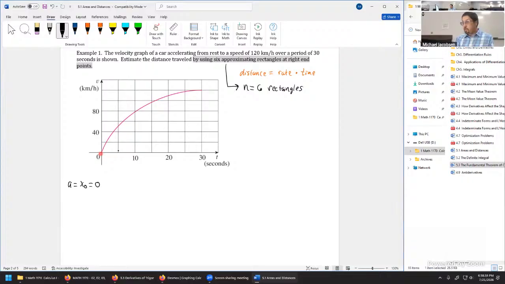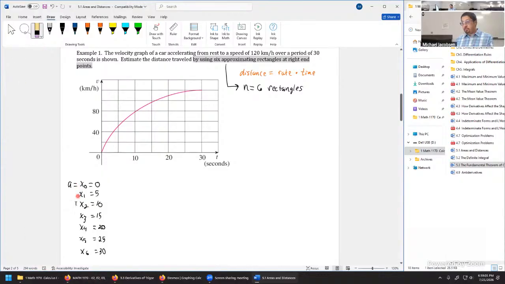Then the next value, here's X1, 5 seconds. X2, likewise, is at 10 seconds. X3 is at 15 seconds. X4 at 20. X5 at 25. X6 at 30 seconds.